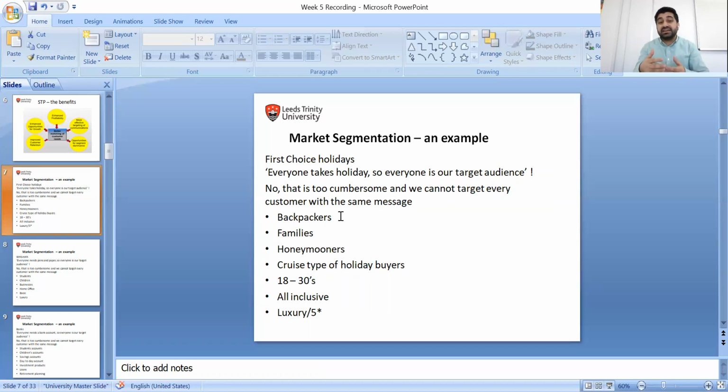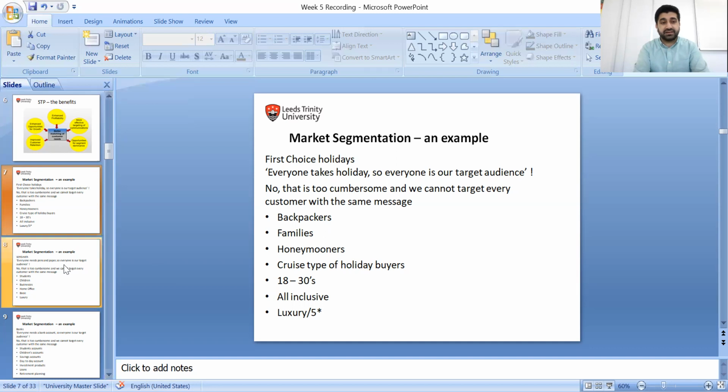We have to identify how many people are honeymooners, how many want the cuisine type of holidays, how many are in the age group between 18 to 30, how many want all inclusive, and how many of our target customers are looking for luxury or 5-star hotels, etc. So when we are talking about market segmentation, we have to be specific, and we have to identify customers' needs, and we have to provide product or service accordingly.